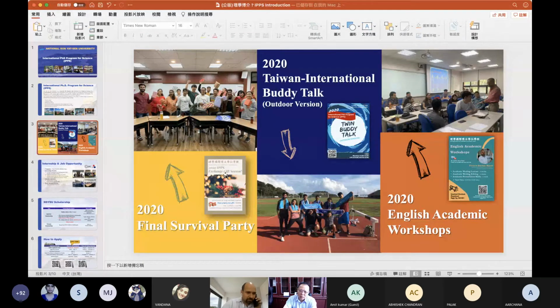So I think the student number right now may be over 30, and they are all distributed to different departments. But IPPS has its own office and its own staff. So I think it is a fully operational program.